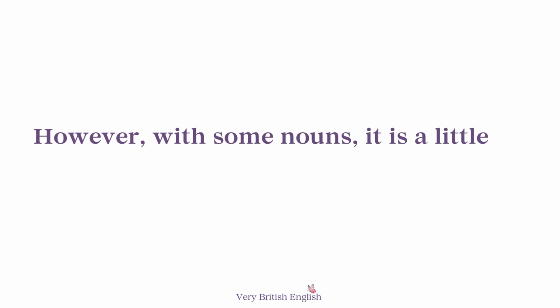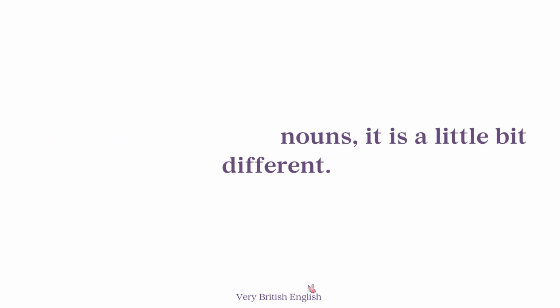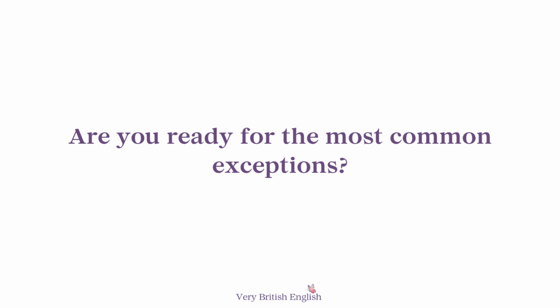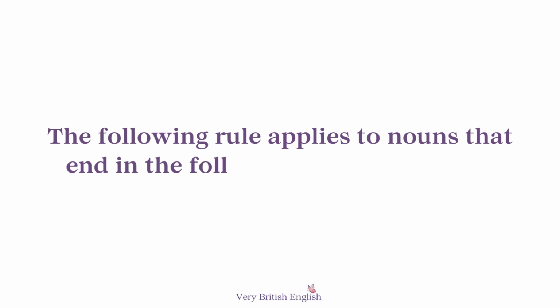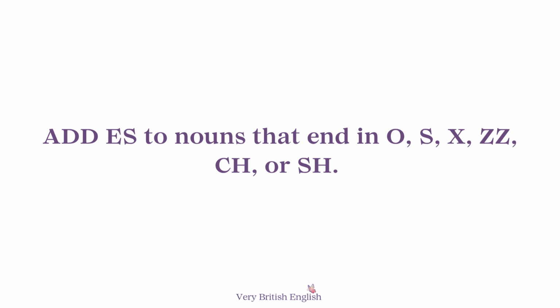However, with some nouns, it's a little bit different. Are you ready for the most common exceptions? The following rule applies to nouns that end in the following letter or letters. Add es to nouns that end in o, s, x, double z, ch, or sh.